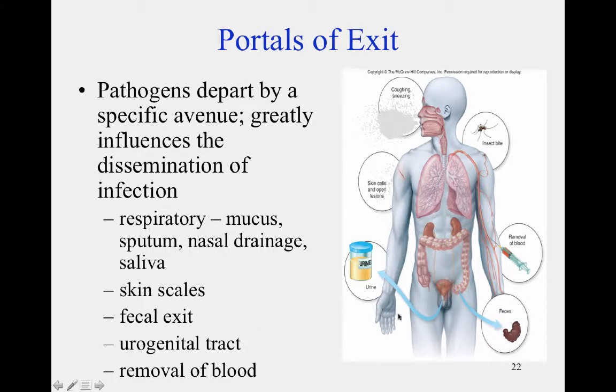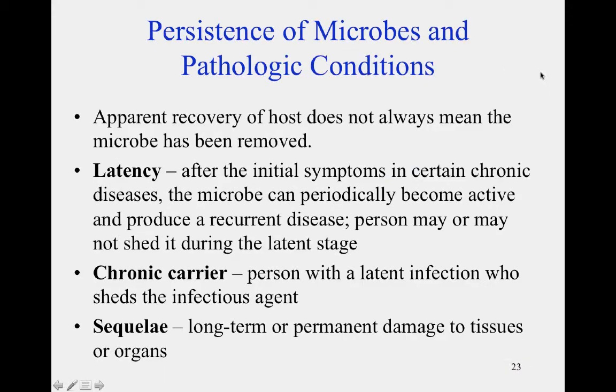Also through the urogenital tract, especially for sexually transmitted diseases, and also blood transfusions, removal of blood, is another mechanism. And also insect bites, so an insect could bite a host and actually contract that particular pathogen and pass it on to its next host that it will feed on.